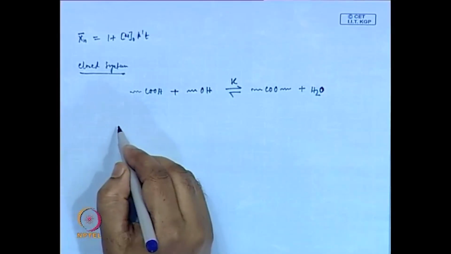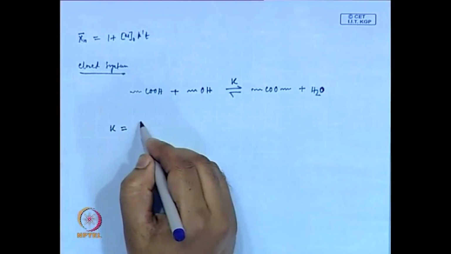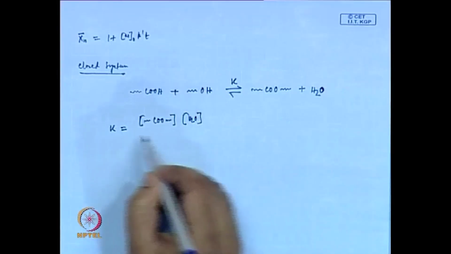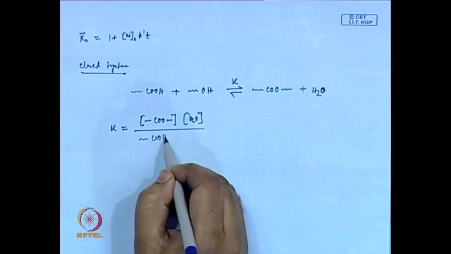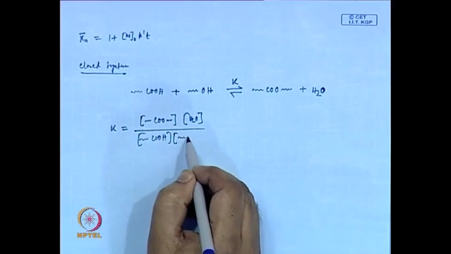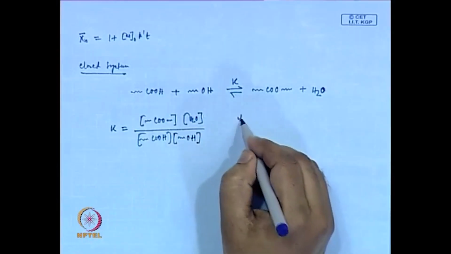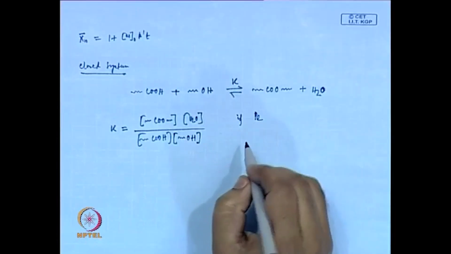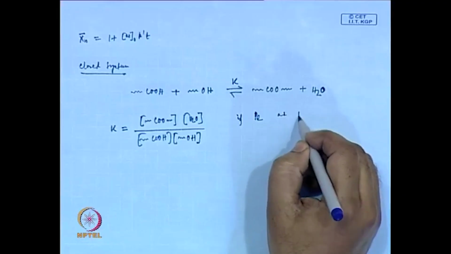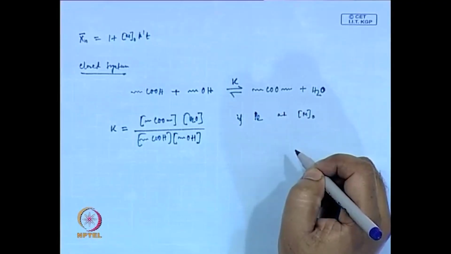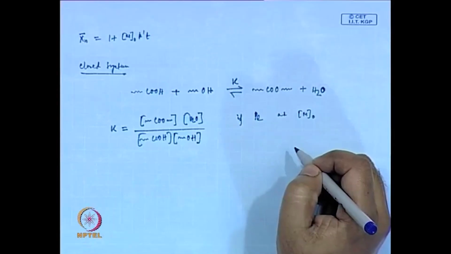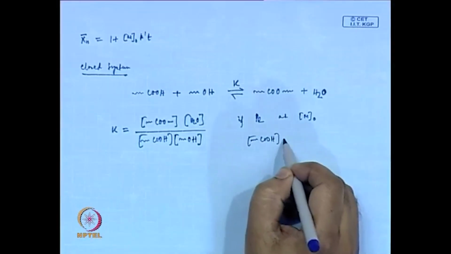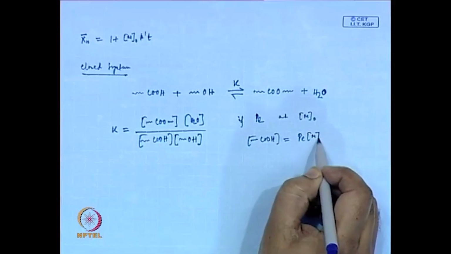So, the equilibrium constant can be written as follows. If the conversion at equilibrium is say Pe in this case, and M0 is the monomer concentration at the beginning, at t equal to 0, then at equilibrium what is the concentration of COOH?